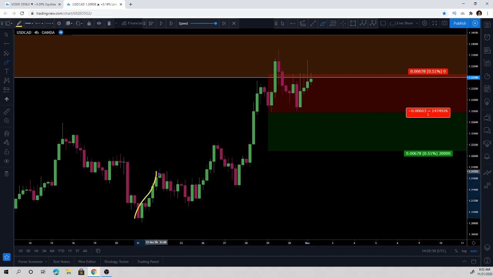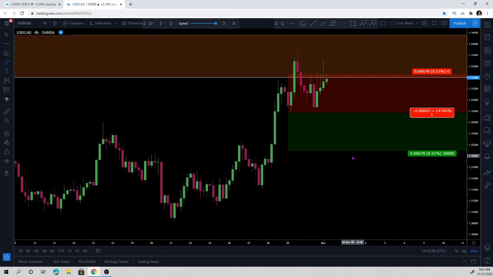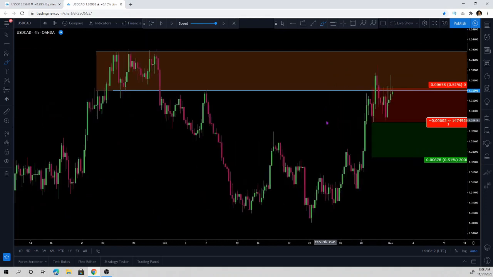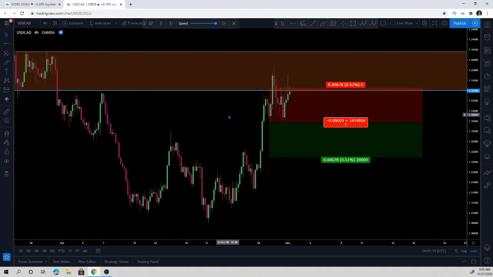We were making higher highs and higher lows, and right now we made a lower high. This tells us that we are seeing exhaustion in the current bullish move at an area of resistance, a big area of resistance that we just found.